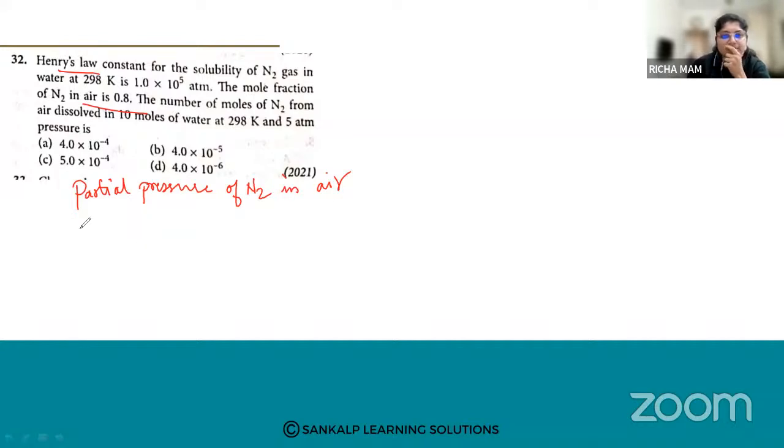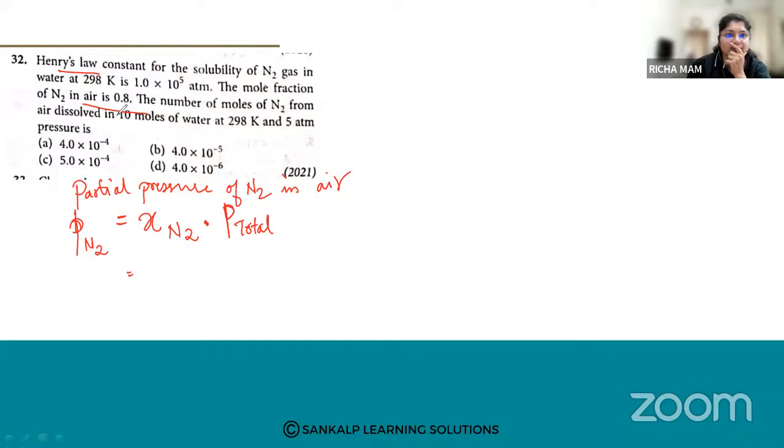So how are we going to do this? The partial pressure of N2 is equal to the mole fraction of N2 times P total. So the partial pressure of N2 is the mole fraction of N2 into the total pressure. What is the mole fraction?